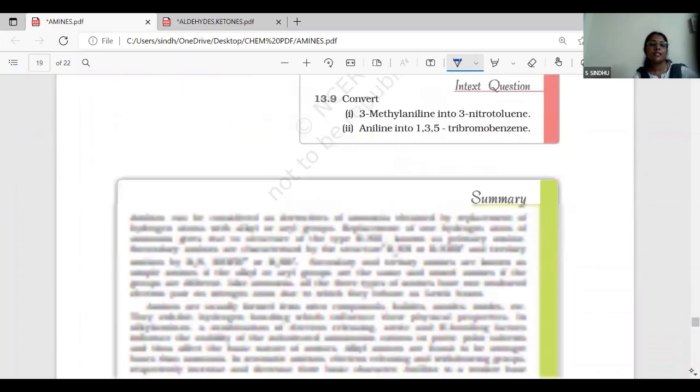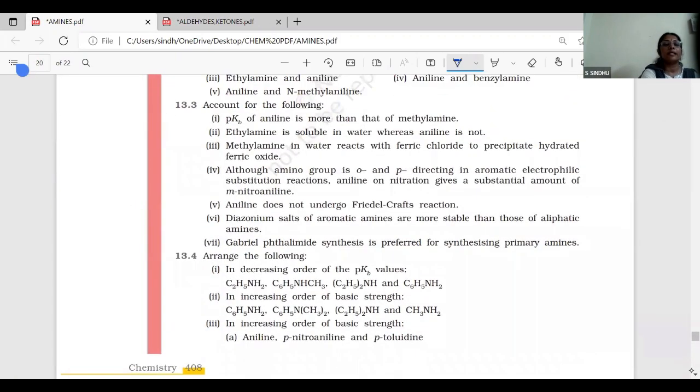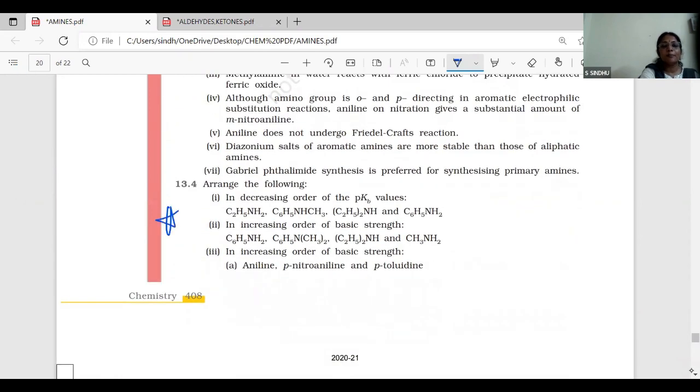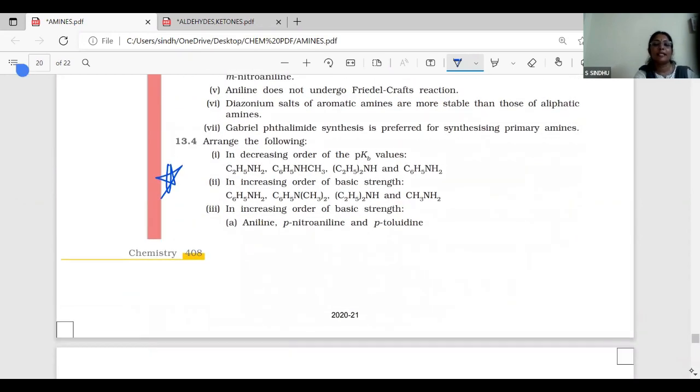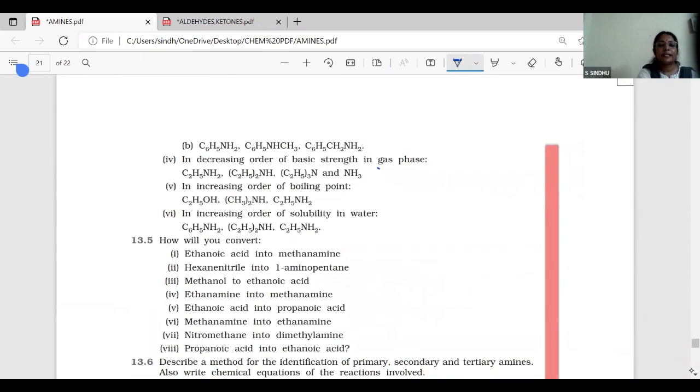I think once we finish all the 4 chapters and we come back to this, here again, reasoning is the important aspect, where we have all the types based on pKb, basic strength, aromatic, aliphatic, then gaseous phase. Only when gas phase is specifically mentioned, we go for tertiary, secondary, primary.